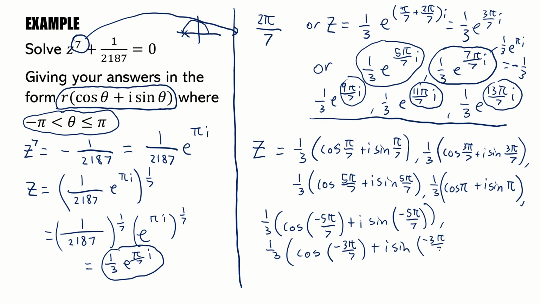And then one more to do. All we've got to do is take away 2 pi from 13 pi over 7, and you get the last one, which is 1/3 cos of minus pi over 7 plus i sine of minus pi over 7.